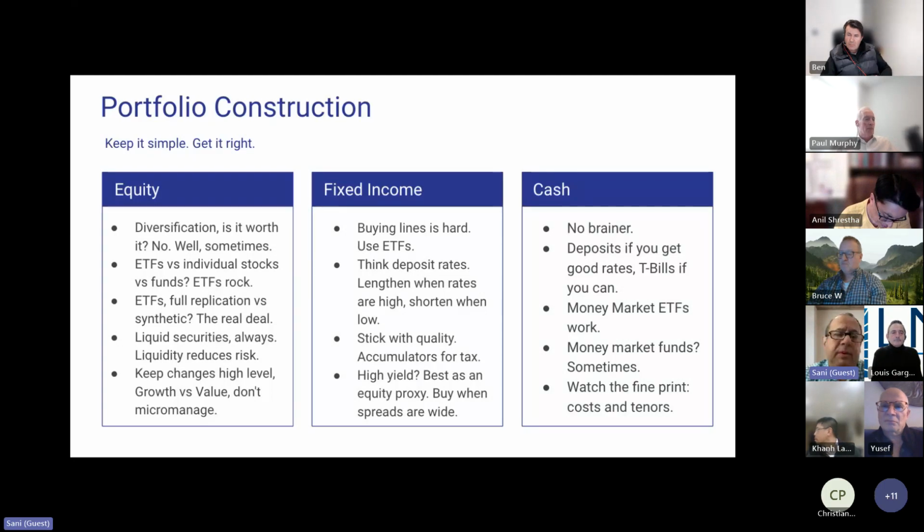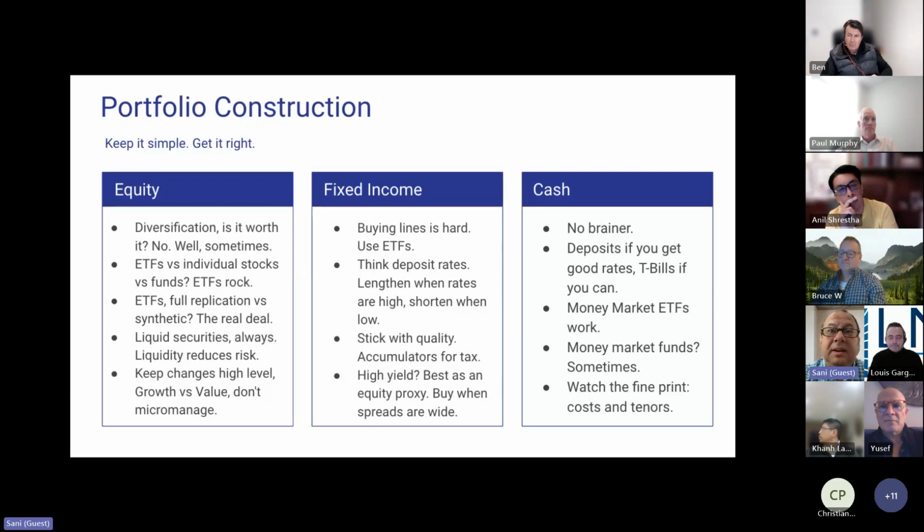In my case, for example, I focus, if at all, on growth versus value. That's what we call style. But I find that every time you're adding a layer to the decision-making process, you're drifting a little bit from getting the first call right, which is just how much should I have in stock?